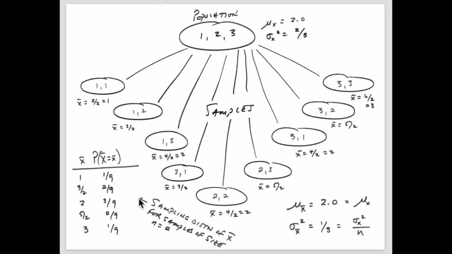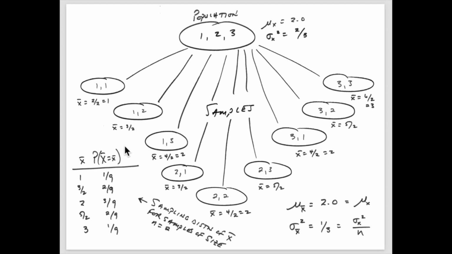Then using that information, along with the fact that these 9 possible samples are equally likely, we come up with the probabilities associated with each of the values of x bar in its sample space. And so this table, containing 2 columns, is a tabular representation for the probability distribution for x bar in this situation.